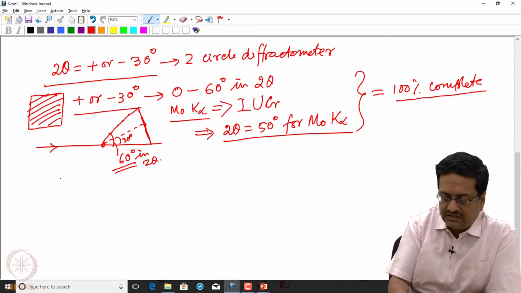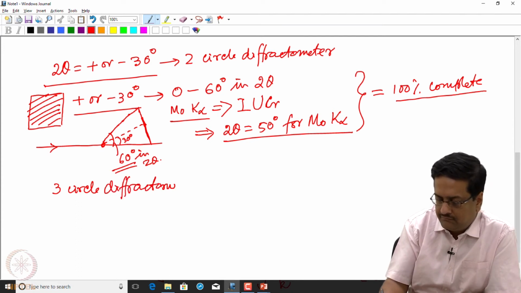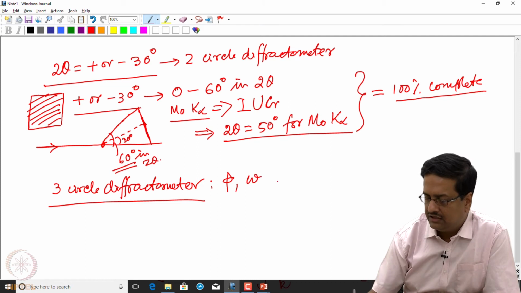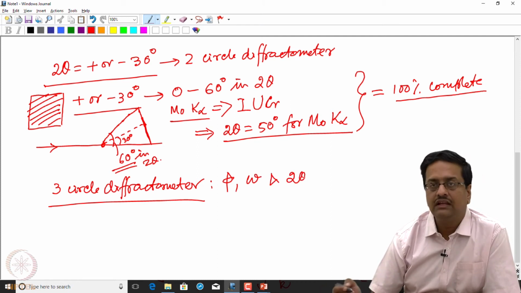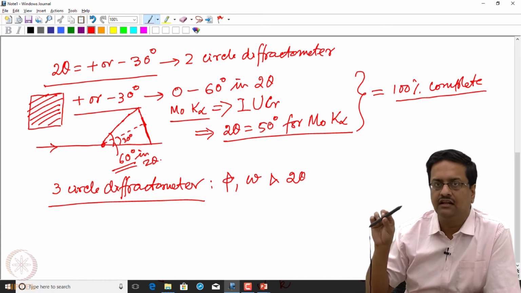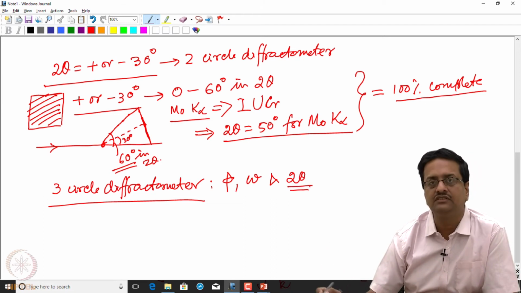In case of a 3-circle diffractometer, where we can rotate phi, omega and 2 theta, now we can rotate the crystal about its own axis, we can rotate the crystal in omega, and we also can change the detector position.